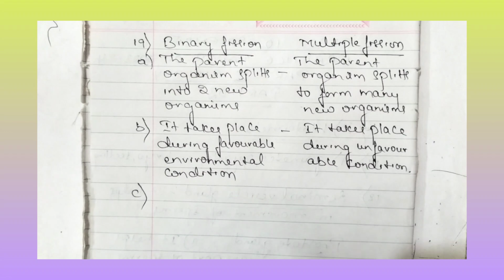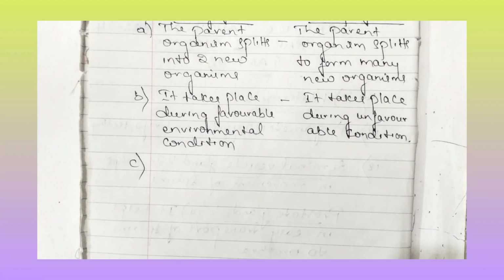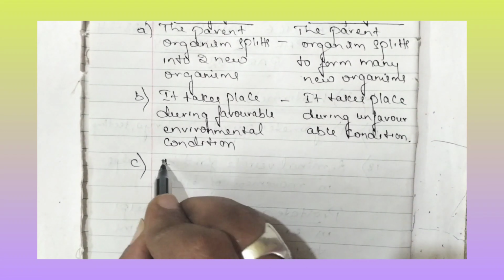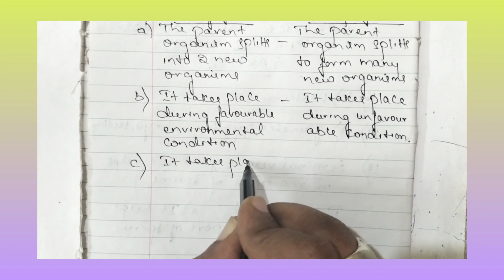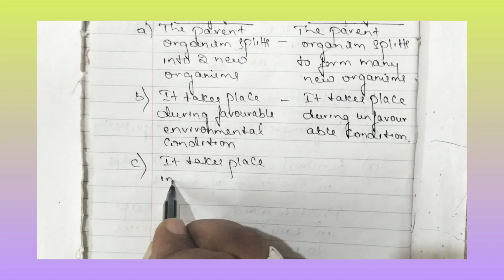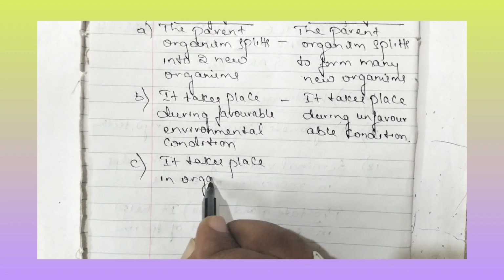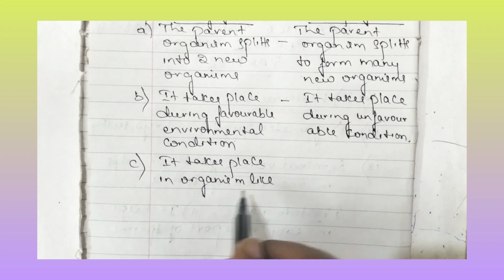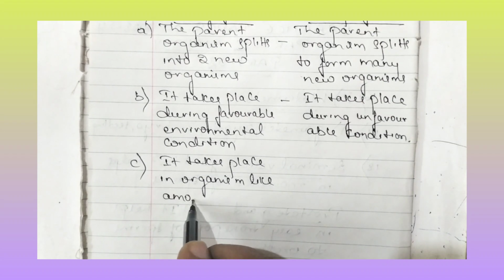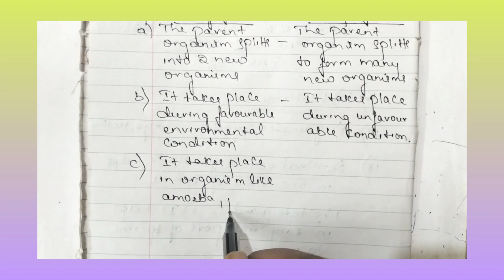Then the third difference between binary fission and multiple fission is binary fission takes place in organisms like amoeba, paramecium.